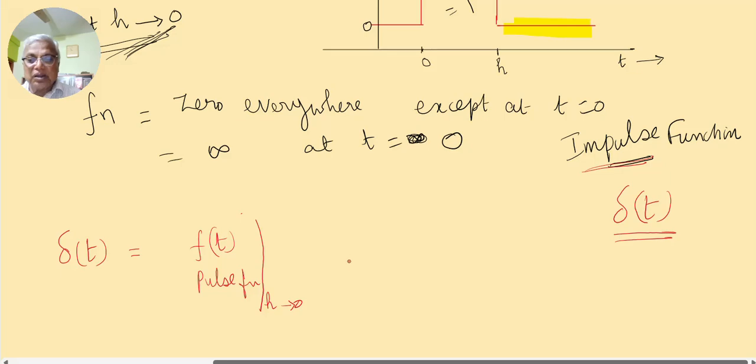Let me write: limit of h tending to 0. What is the pulse function equation? 1 by h into u of t minus u of t minus h.